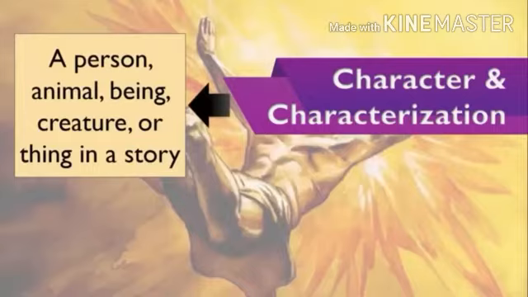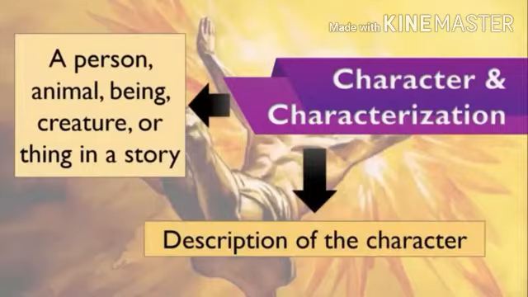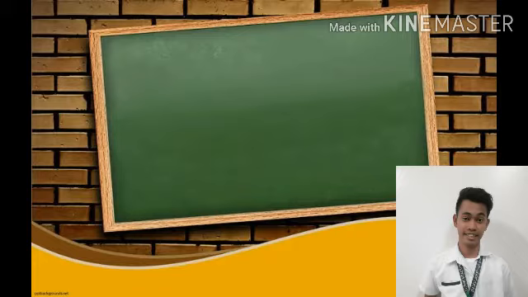A character is a person, animal, being, creature, or a thing in a story, while characterization is a description of the character. Okay, after we have discussed plot diagram, setting, character, and characterization, let's now proceed to the story of Daedalus and Icarus. Enjoy watching!